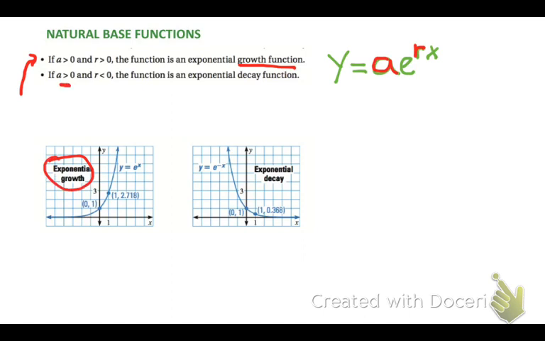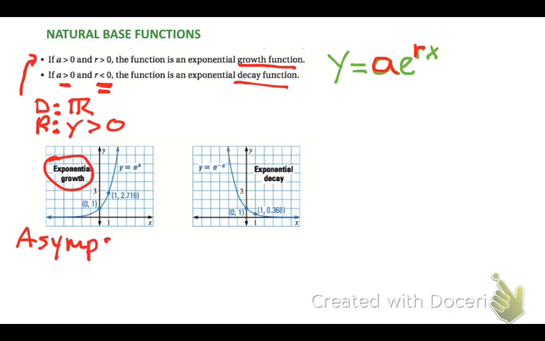And if a is greater than 0 but r is less than 0, then it ends up being an exponential decay. So our domain is going to be all real numbers. Our range is going to be y is greater than 0, and our asymptote is going to be y equals 0.